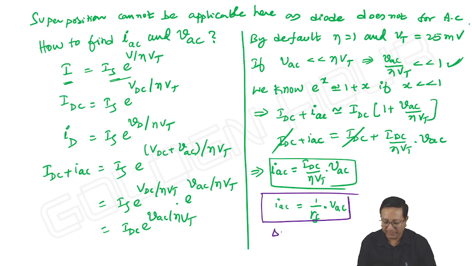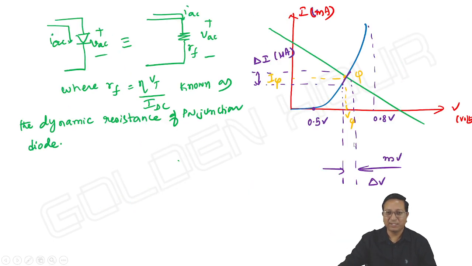It is like delta I is equal to 1 by RF into delta V. That's the meaning of it. If I take a small elemental portion, we can write a linear relation between them.